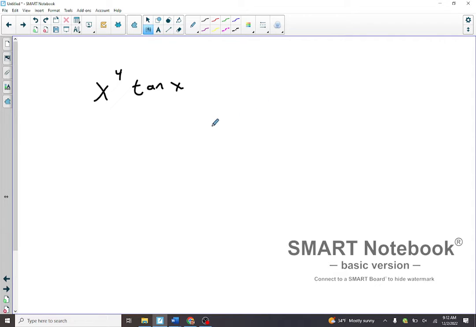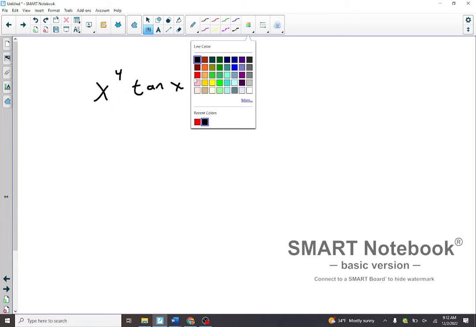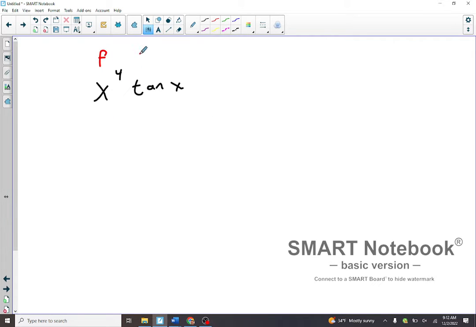So this one's the product rule using trig rule, which means to help identify this is f and this is g. Product rule is g f prime plus f g prime. So it always helps to identify it if you need to. If you don't need to identify it, you're not forced to identify it.